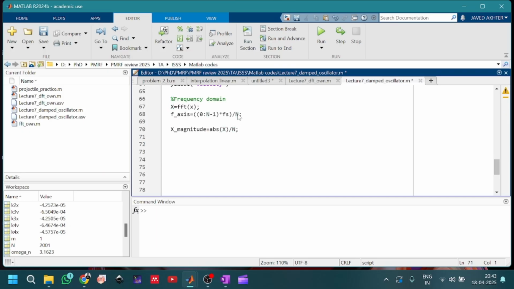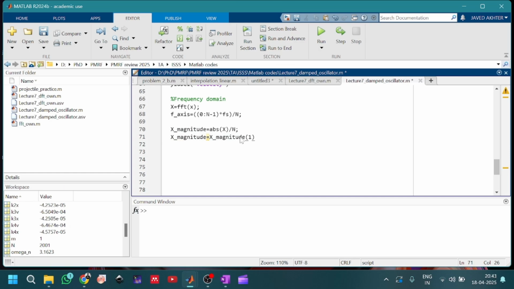Then basically we'll write this again, x magnitude, and here we will have x magnitude, and you want to just fold the data.